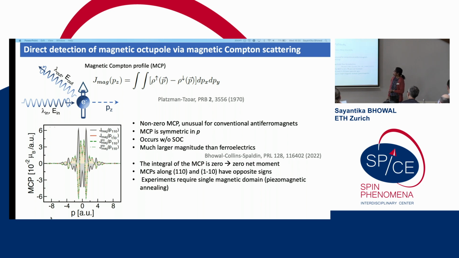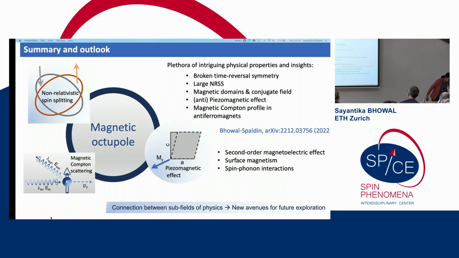So with this, I would like to summarize. In this talk, I showed that magnetic octupole is a very useful platform because it provides a unified framework to describe very different physical effects such as non-relativistic spin splitting, magnetic Compton scattering, and the piezomagnetic effect.